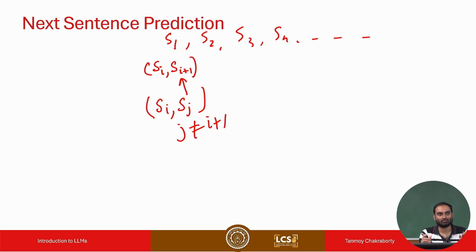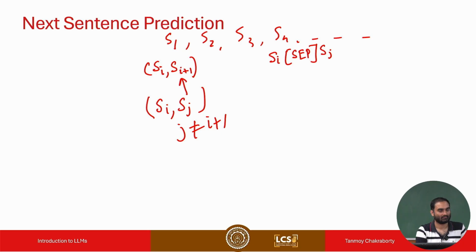So I will pass to the encoder S_i, then a new token called separator, SEP, and then S_j, and I will ask the model to predict whether S_j follows S_i or not. It's a binary classification, yes or no.